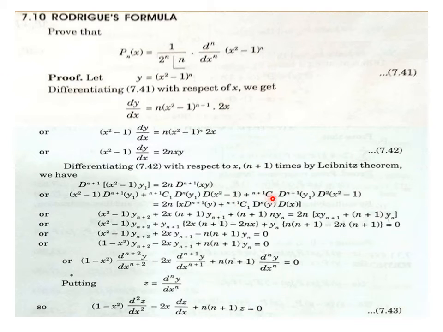Next term, n plus 1 c2 means n plus 1 n upon 2, and it's not looking like that upon 2, because d square of x square minus 1 means 2 is cancelling that upon 2 part.